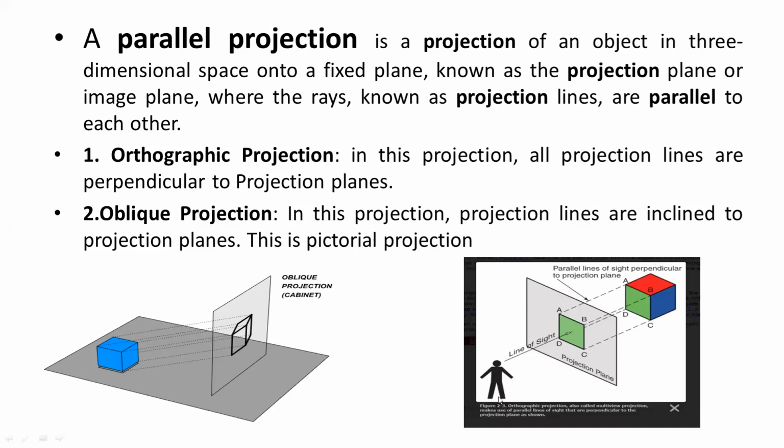So the observer is assumed to be standing at infinite distance, and from that position, in the orthographic projection, if the observer is looking at the object, then all the projector lines that pass through the visible outline are exactly parallel to each other, and they are perpendicular to the plane which is in front of the object or behind the object.